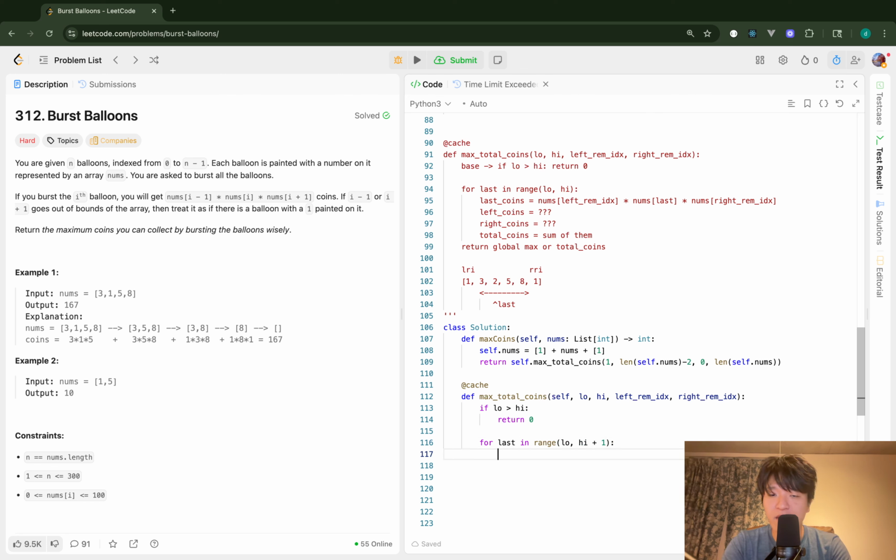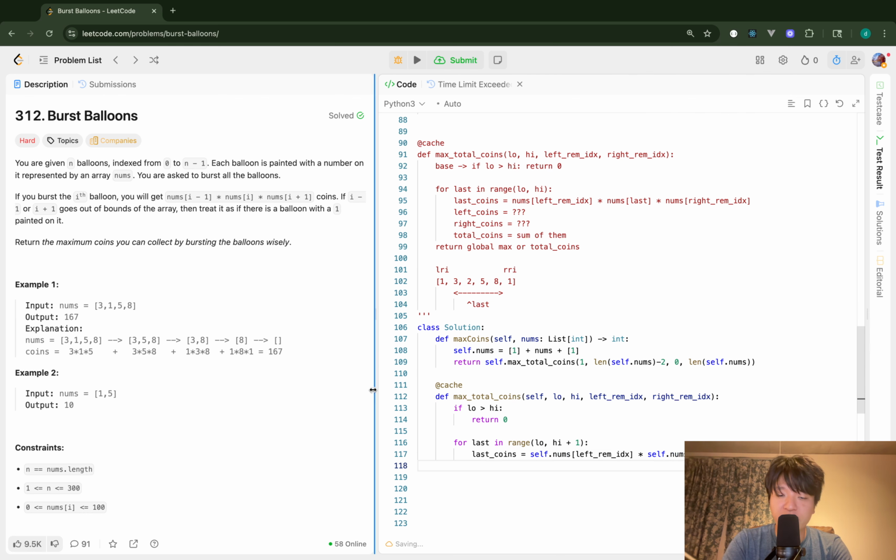So this is the last index, and I can calculate the last coins with okay.